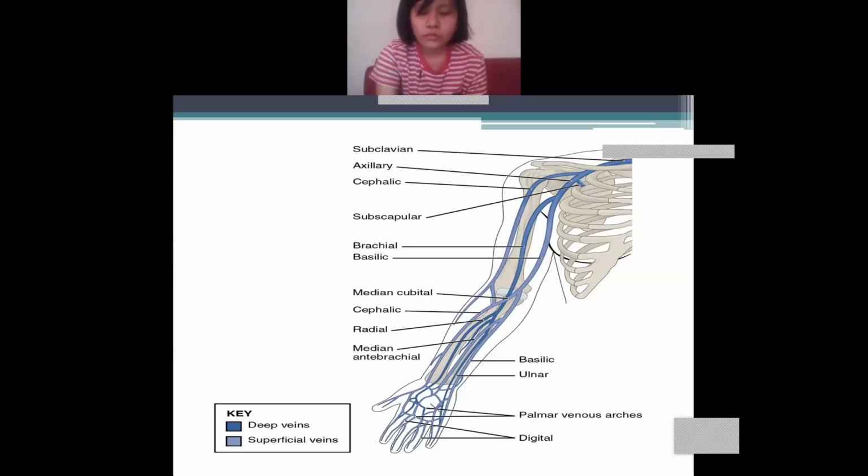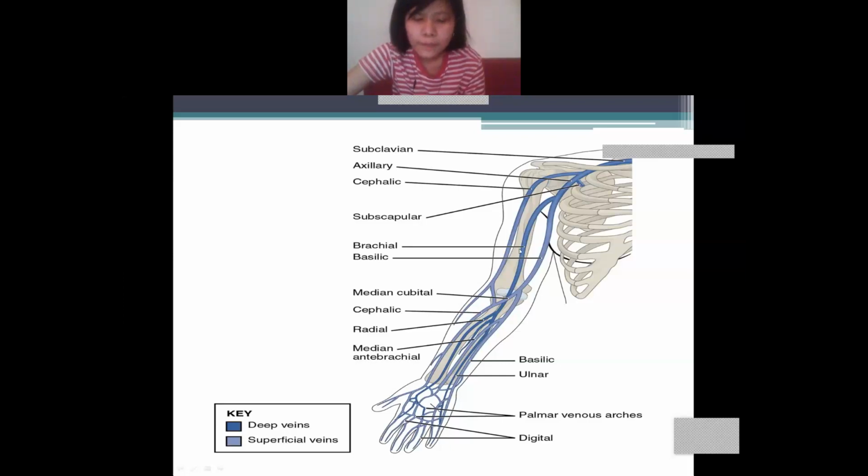So the first one is the axillary vein, and the axillary vein comes under the deep veins. Understand? And next to that, you will find this one, that is the cephalic vein. Understand? And if you come down a little, you will be getting the brachial vein.